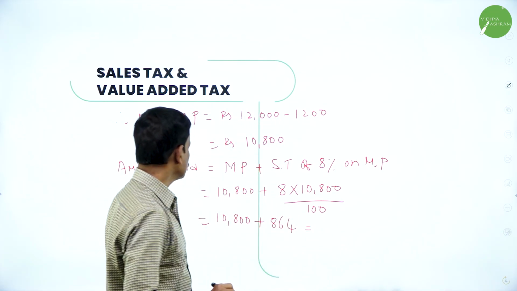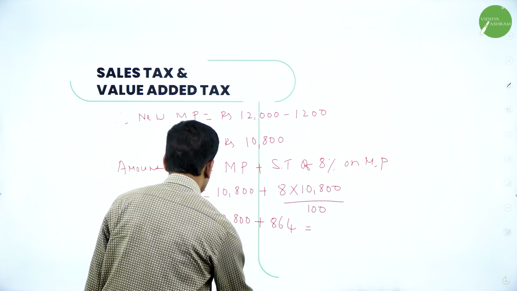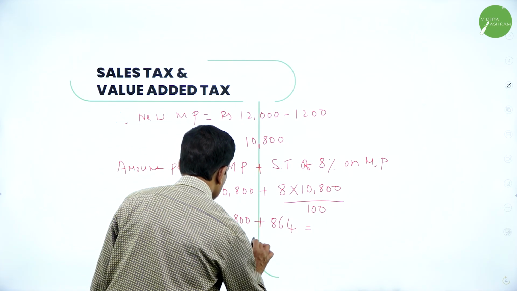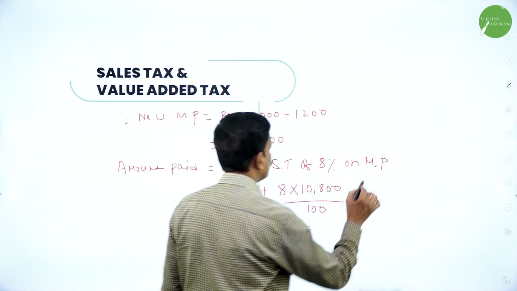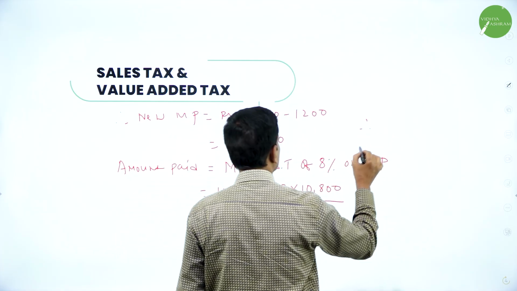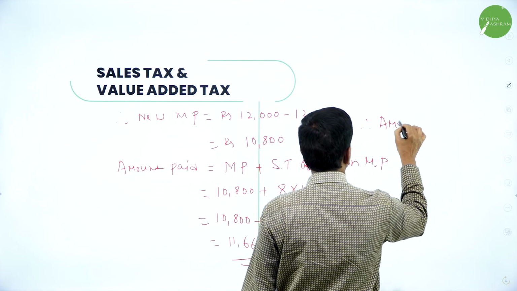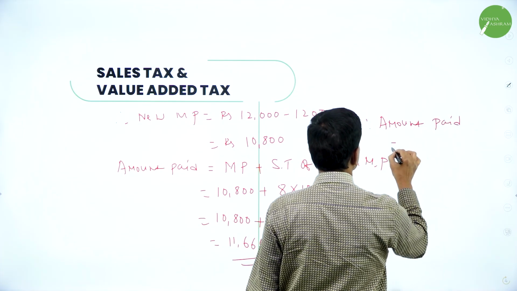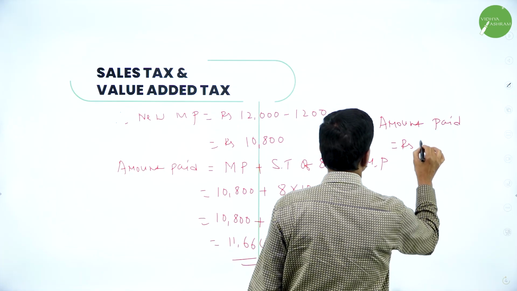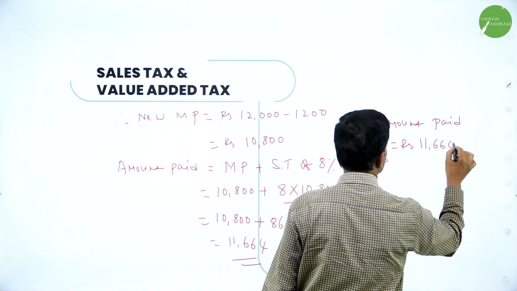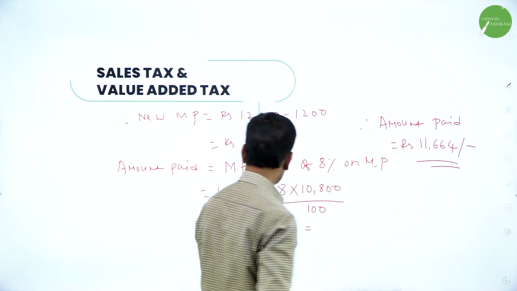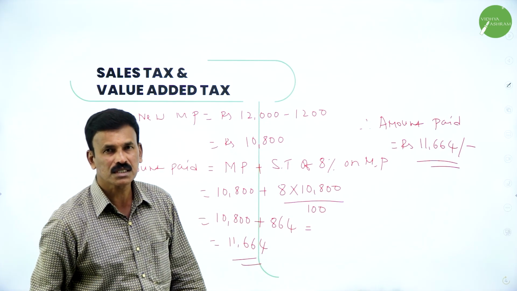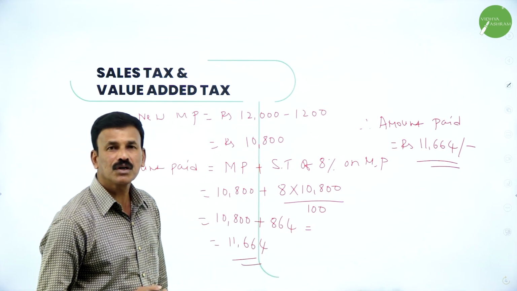This is equal to 11,664. So the amount paid by the customer is rupees 11,664. That's it. Okay, so this is how we are going to solve this.